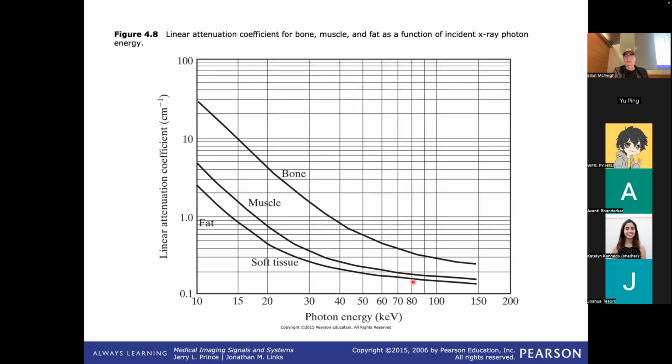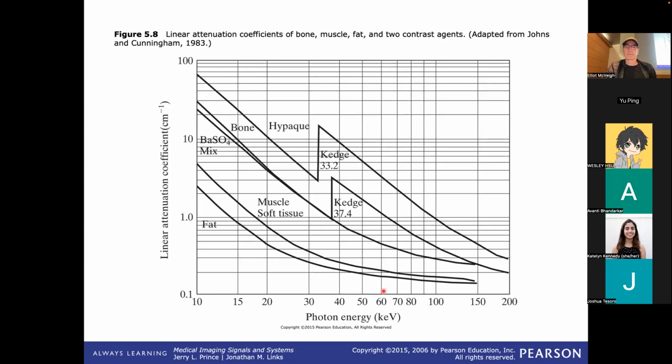But for the most part, when we're calculating or doing a simulation or reconstructing an image, we basically say we know that we have photons between say 50 and 100 here, but we're just going to assume that all of our photons are at the mean at 60, and we'll do the math accordingly, right? As opposed to trying to do it in multiple dimensions, with energy being one of those dimensions. It does lead to some artifacts, which we will take up.